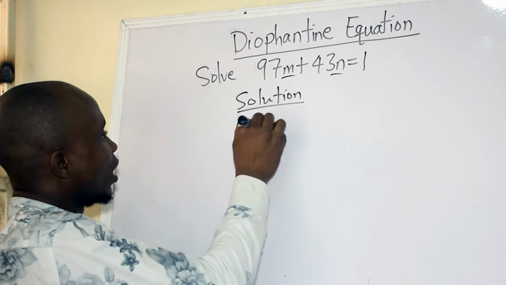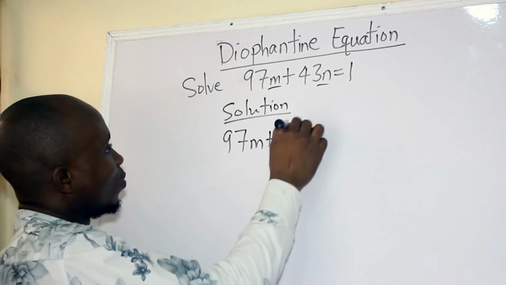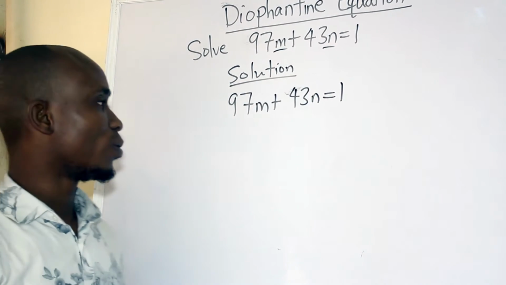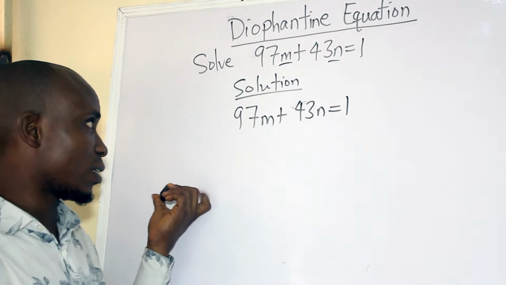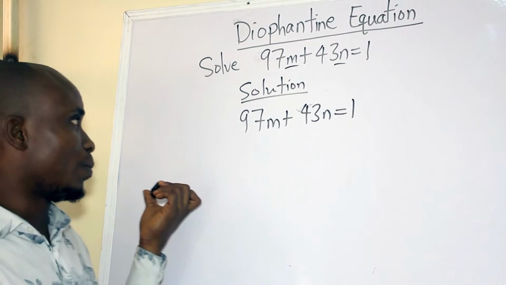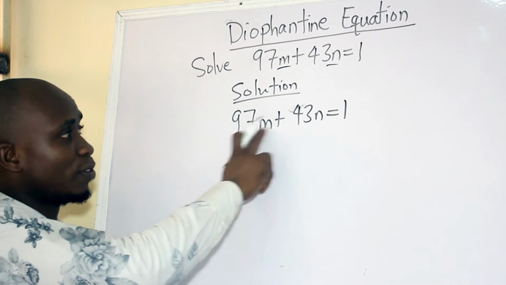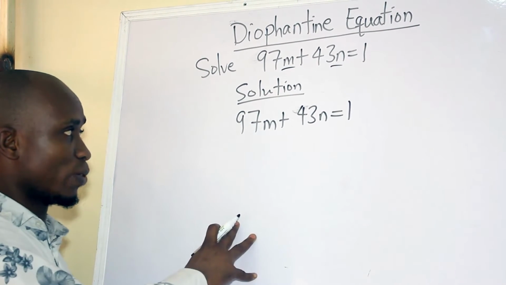So looking at this, we have 97m plus 43n equals 1. So this is the Euclidean algorithm we are about to start. Now, the first step is we divide 97 by 43. So this is how we're going to write this.